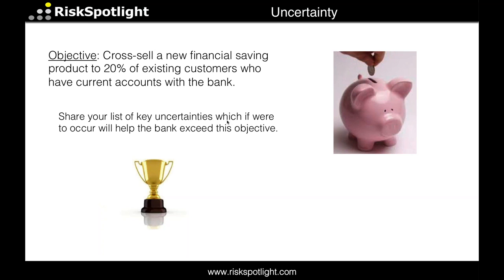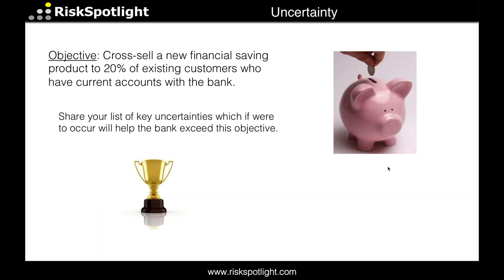If risk managers can help them achieve the objectives the board and the senior management is trying to achieve. They don't want risk managers to just come in and give them a list of everything which could go wrong, but then never balance it out with other uncertainties which could actually help the organization achieve the objective.